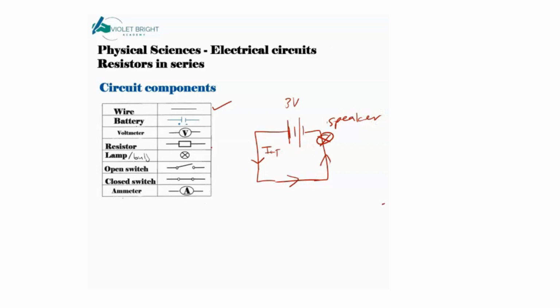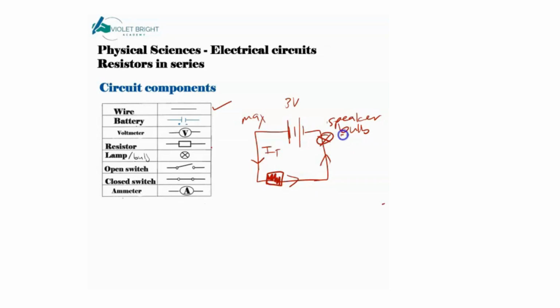Maximum current will flow, and also maximum voltage, so that the bulb or the speaker will end up bursting, because there's too much current flowing. So a resistor will reduce the current, so that no component in this circuit will burst.